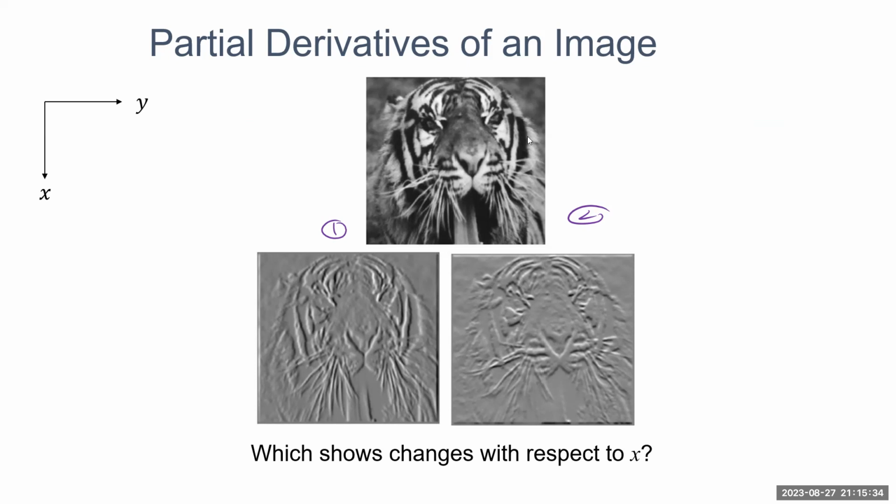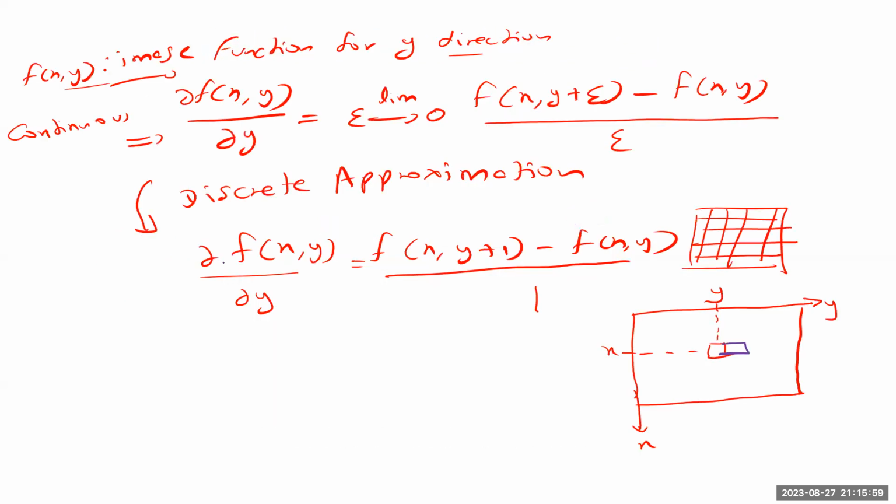So the idea is, if you want to get the change with respect to the y direction, it's going to be ∂f(x,y) over ∂y, right? We saw how the direction change was happening here. So ∂f over ∂y is in this direction.